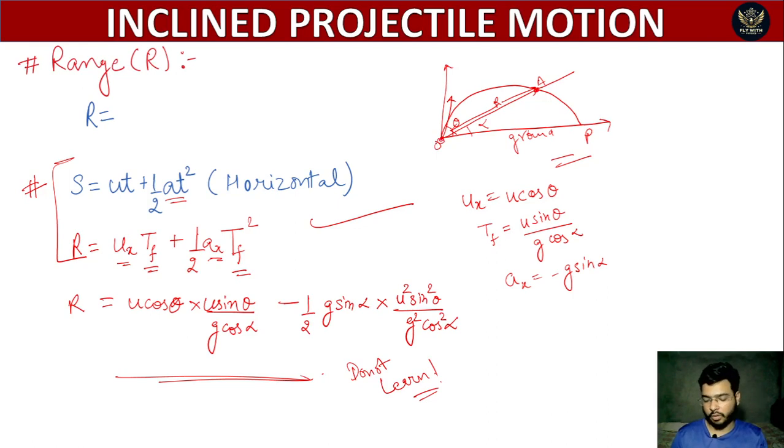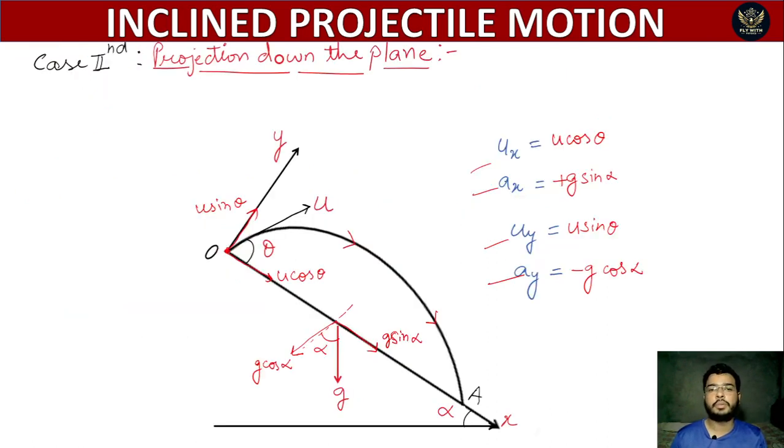Now talking about another case in which the projectile motion is from the inclined plane in the downwards direction. Here the body is projected downwards from the inclined plane, and it strikes at this point A. Now what will be the R, the H, and the T?